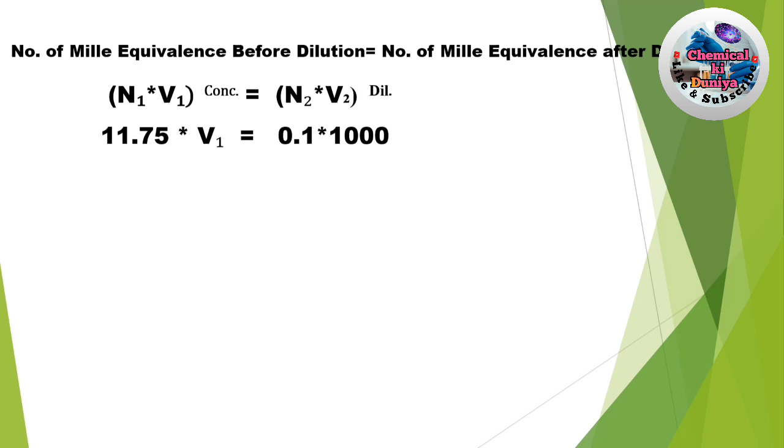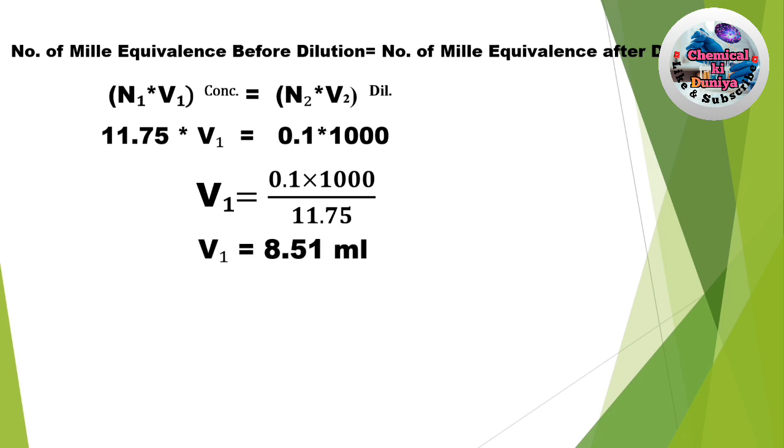Next, V2 is the volume of the solvent in which we have to make 0.1 normal HCl, which is V2 is equal to 1000 ml. So calculate the value, V1 is equal to 0.1 into 1000 divided by 11.75.